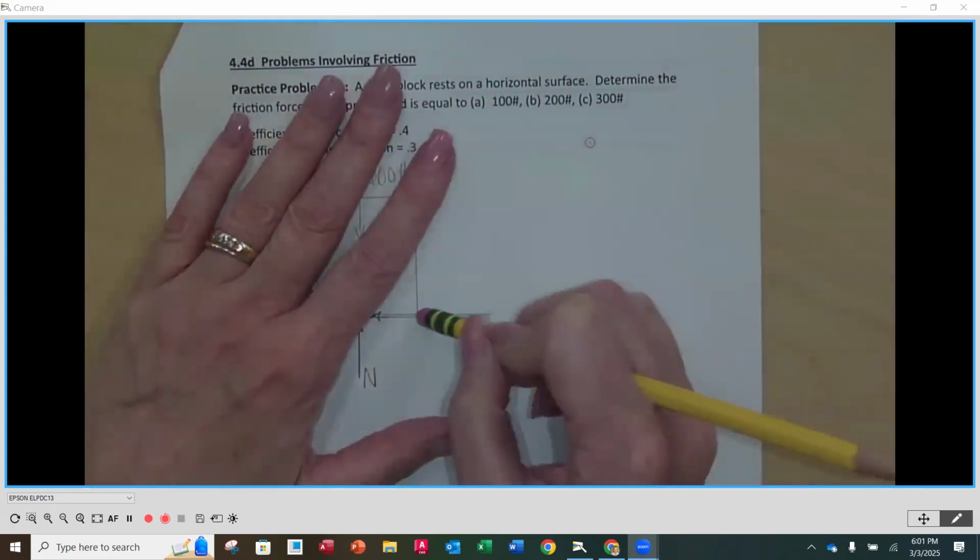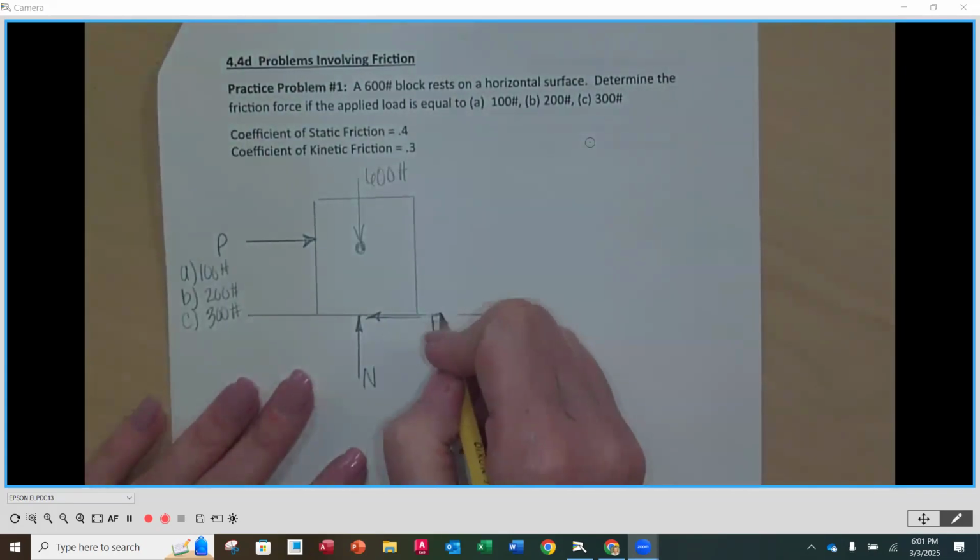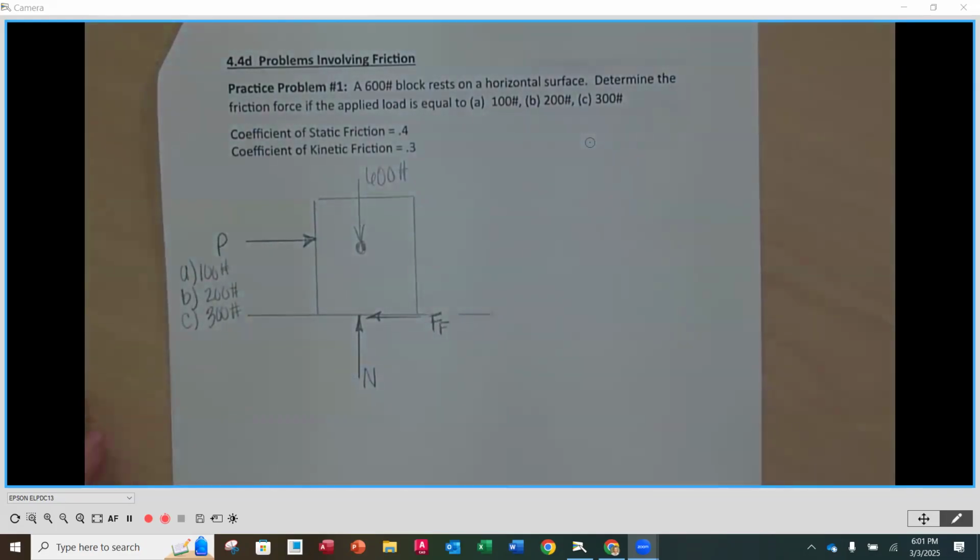On our free body diagrams, do we have to put the friction force that low? I like it because that's where it's acting, so I think it's a good idea to put it there. Where do you mean by put it that low?